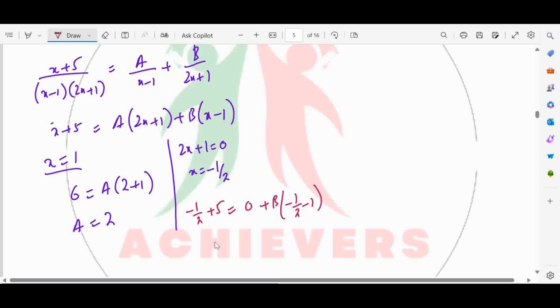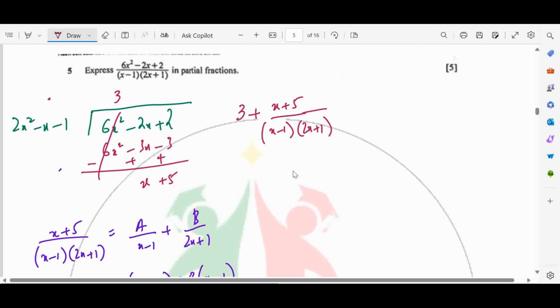So from here we will have 9 by 2 is equal to b into minus 3 by 2, and finally b will be equal to minus 3. Just put it here. So this will be equal to 3 plus 2 over (x minus 1) minus 3 over (2x plus 1). So this will be the final answer.